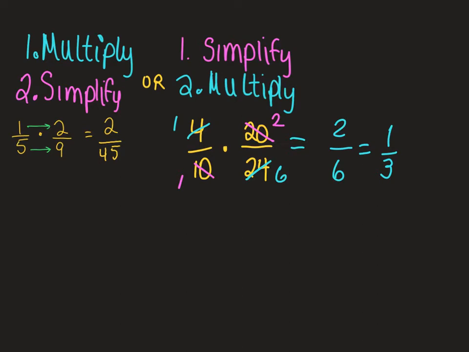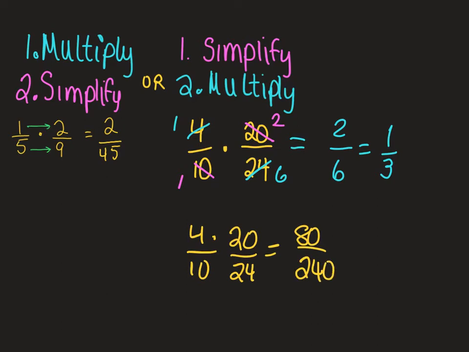If I didn't do all of that, 4/10 times 20/24, I would end up with 80 over 240. 80 over 240 would eventually get down to 1/3, but that's so much yuckier. I don't want to have to simplify that. This simplify was so much easier.